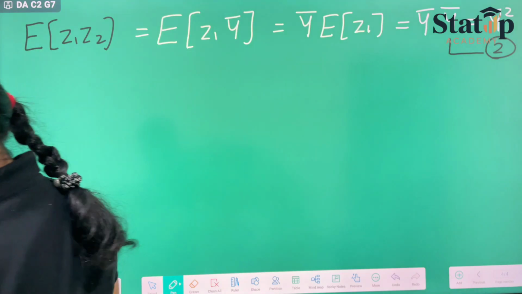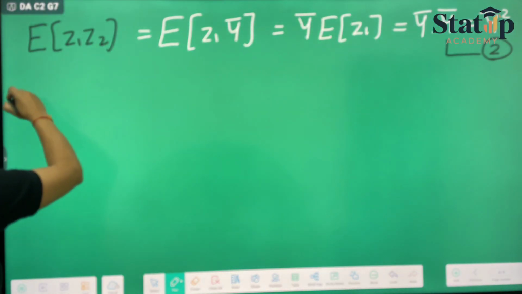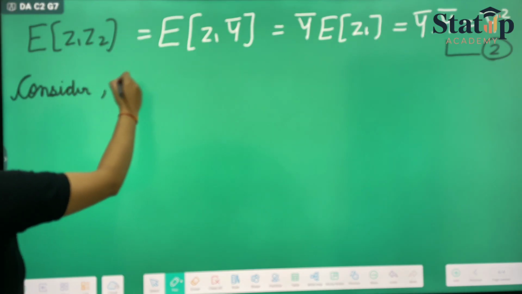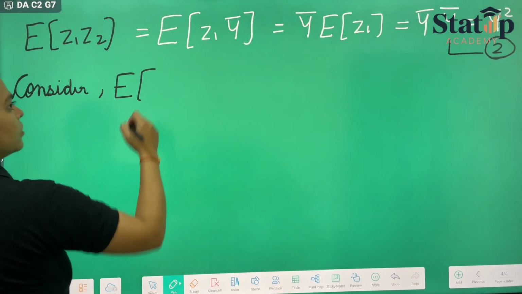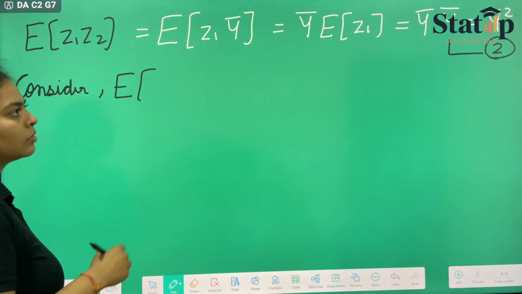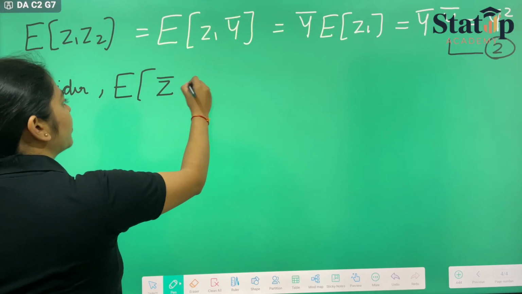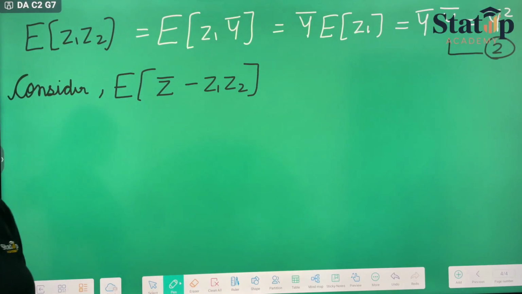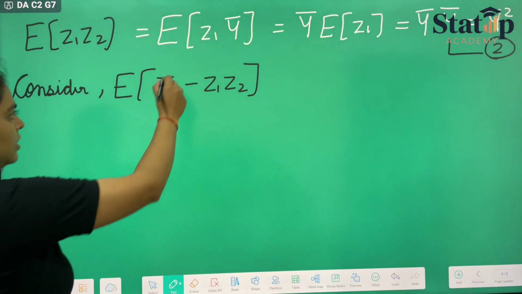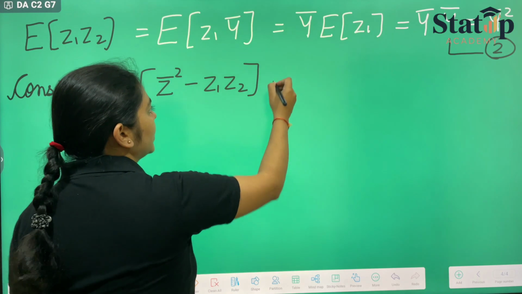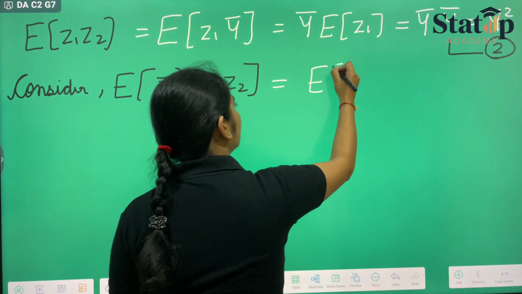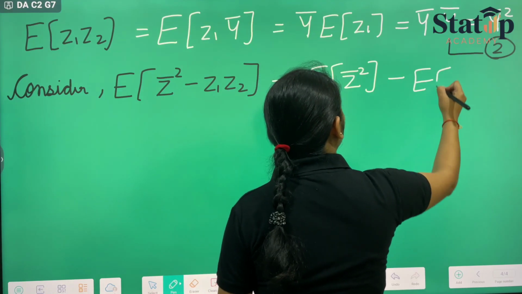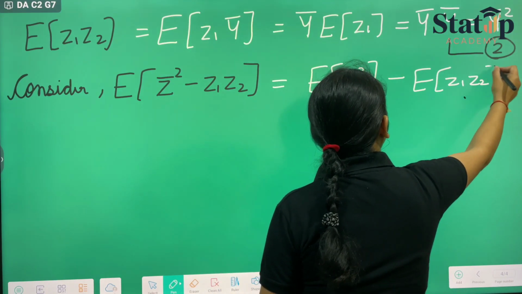So now moving forward, let us consider estimation of z bar square minus z1 z2. We can take it like this, the estimation of z bar square minus z1 z2. So taking estimation on the bracket, estimation of z bar square minus estimation of z1 z2.